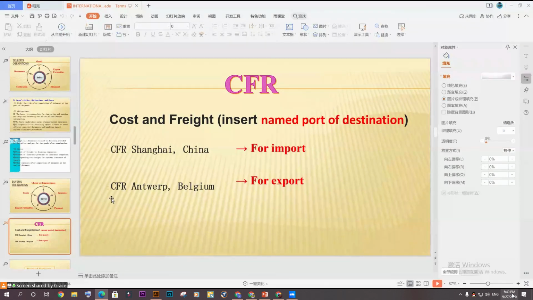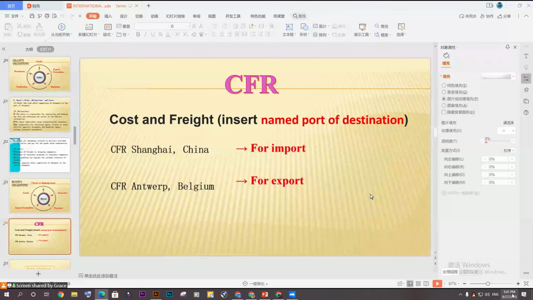But if we see CFR Antwerp, Belgium, Antwerp means the port of destination. So that means an export for a Chinese company. So does it make sense for you guys?